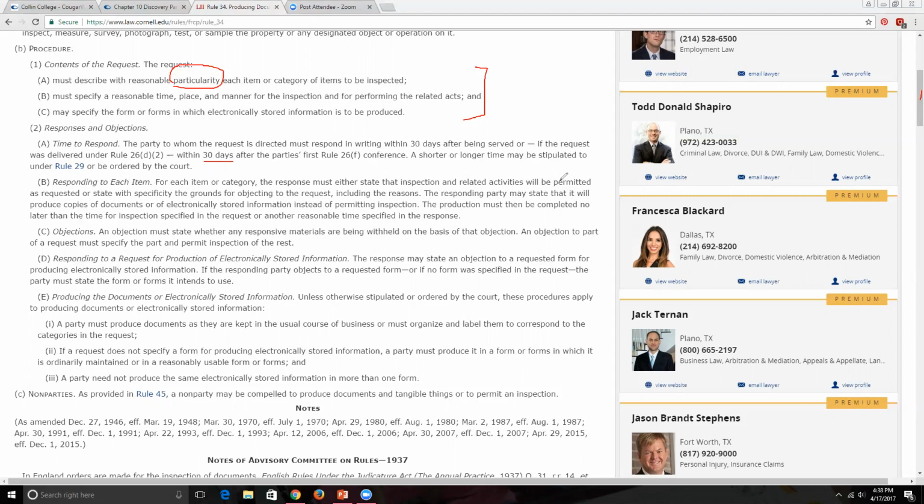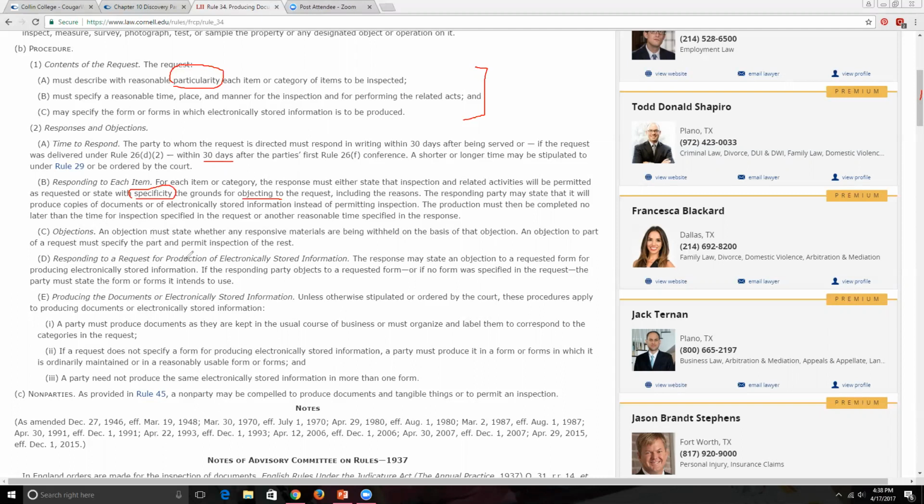Either comply with it, which is the first option, or you, with specificity, state your grounds for objecting to it. Then, of course, objections. When you are making an objection, you have to state whether there actually are documents or data or whatever that you are withholding because of the scope of your objection.